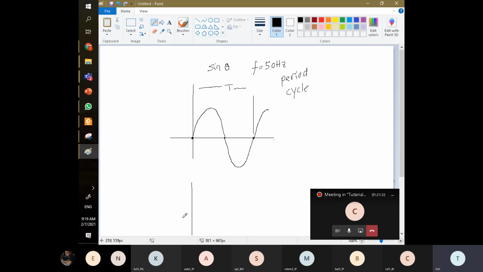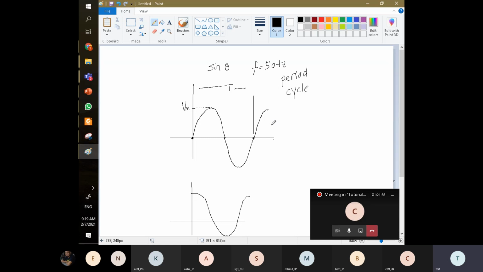The cosine wave starts from here. This is what a cosine wave looks like, but a sine wave looks like this. And the maximum here is what we call the amplitude. So here we can say this is the maximum voltage.